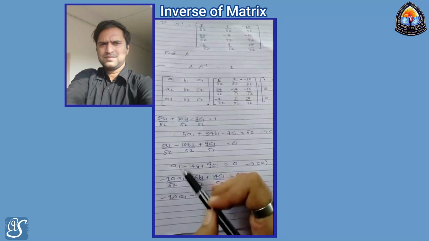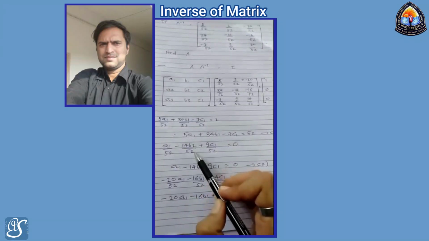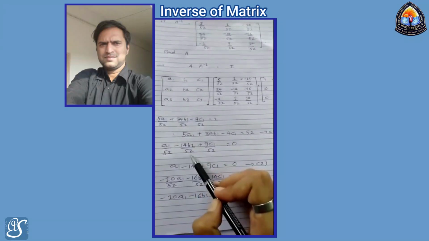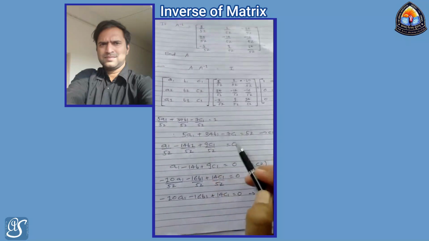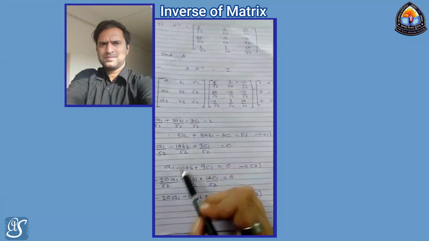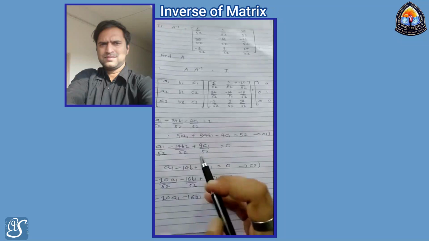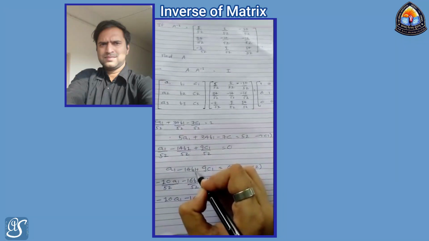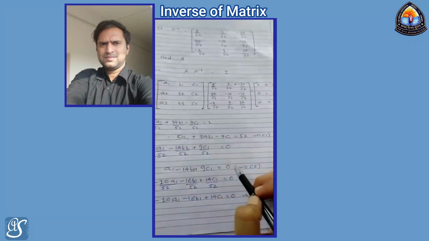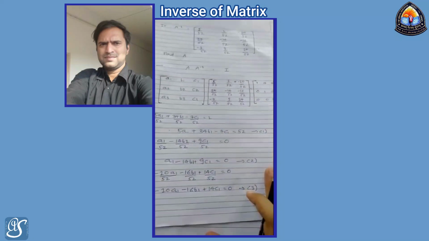So the second equation is A1 upon 52 minus 14 B1 upon 52 plus 9 C1 upon 52 is equal to 0. So A1 minus 14 B1 plus 9 C1 is equal to 0, which is our second equation.